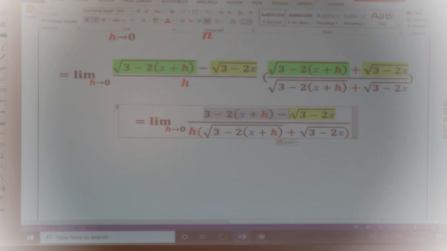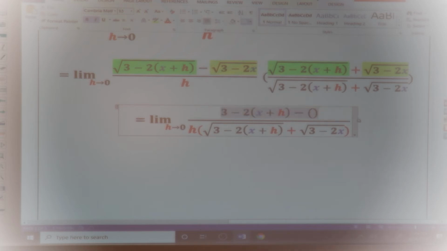And here, the square, we need only what? We don't need this. We need only 3 minus 2x. You see that? When you multiply this guy by this guy, this and this become squared, then the square root disappears, and this disappears. Now, what we have to do, look here, I'm going to simplify, give you one more step.